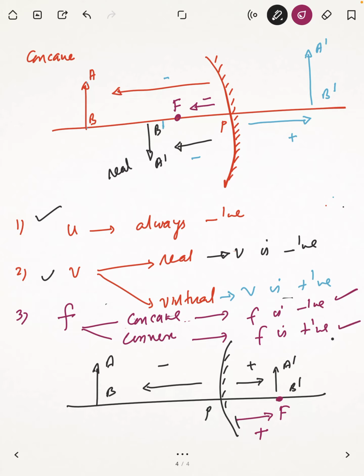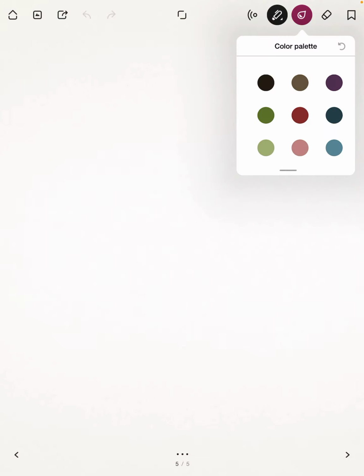Okay, we go for a numerical and we will see how we can use the signs along with the numerical values in the two equations. One is mirror formula, another is equation for magnification. First point, it is an example we are taking from NCERT, page 170, Example 10.1.